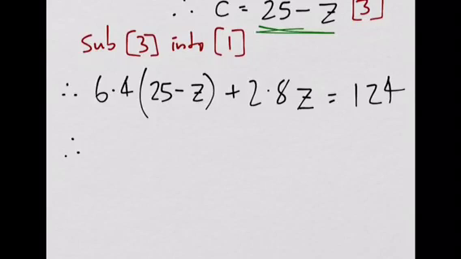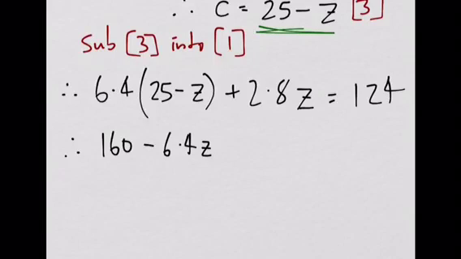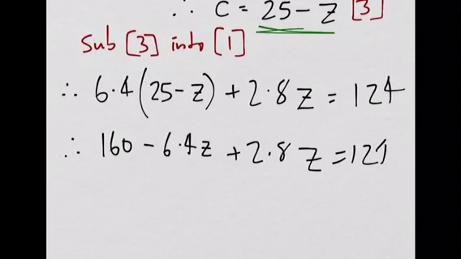Anyway, moving on. 6.4 times that, I'm going to get a calculator. Calculating that really quickly in my head, 160 minus 6.4Z, expanding those brackets out, plus 2.8Z equals 124.